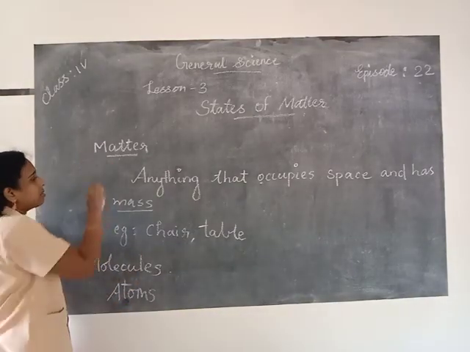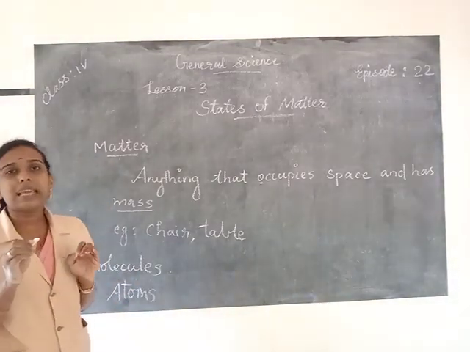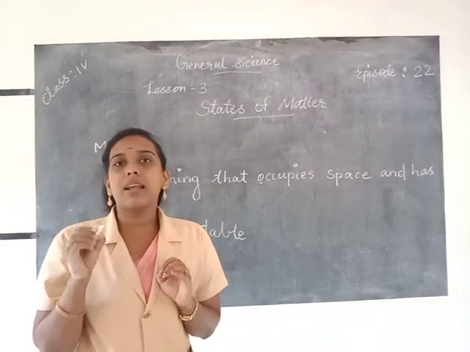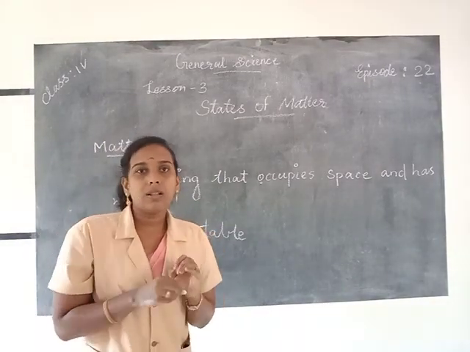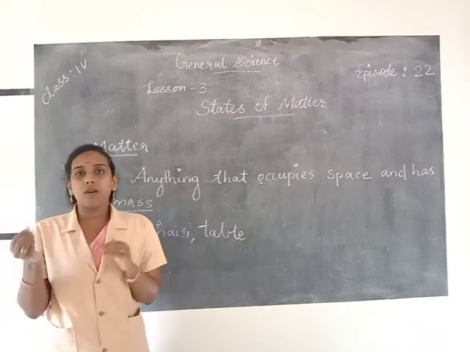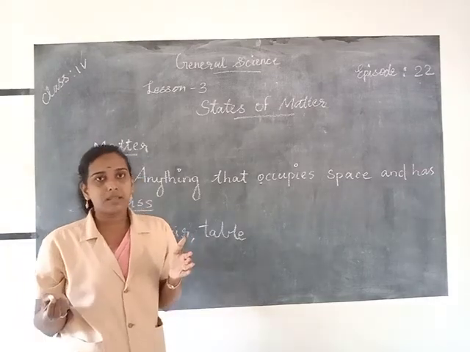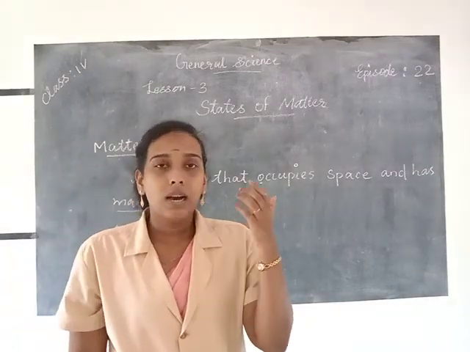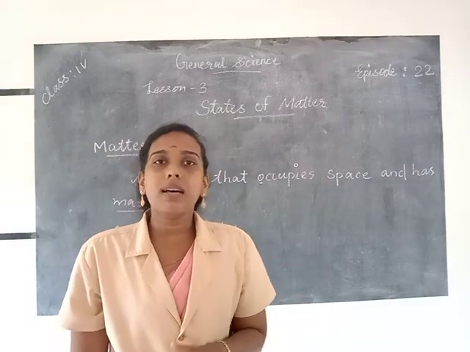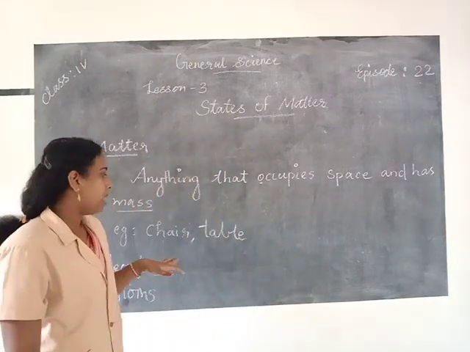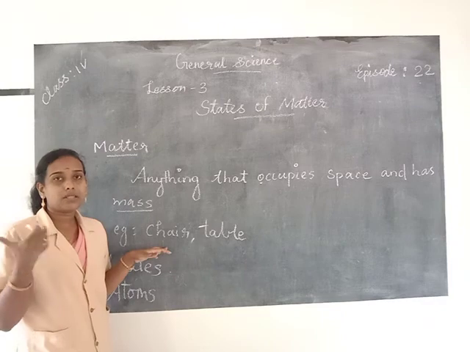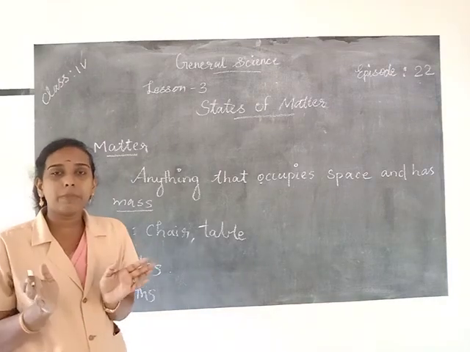So what do you mean by matter? Matter is anything which occupies space and has mass. All the things around us, living or non-living, are made up of matter because they occupy space and have mass. For example, pencil, chair and the human body are also made up of matter.